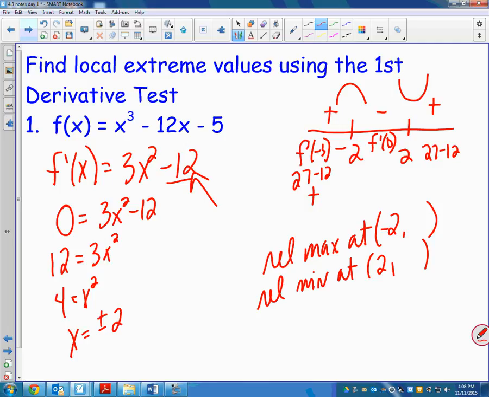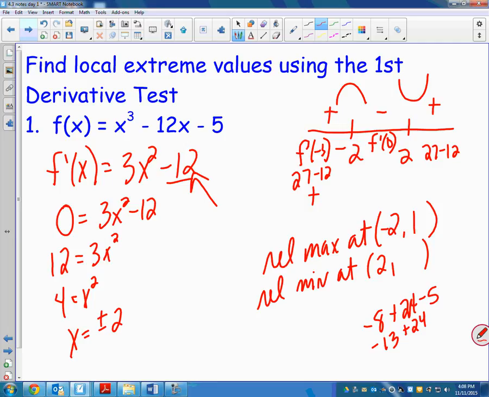And how do I find that something that goes with it? I plug it back into the original function, right? So if I plugged negative 2 into that original function, I would get negative 8 plus 24 minus 5. Is that 11? I don't even know at this point in my life. That would be negative 13 plus 24.